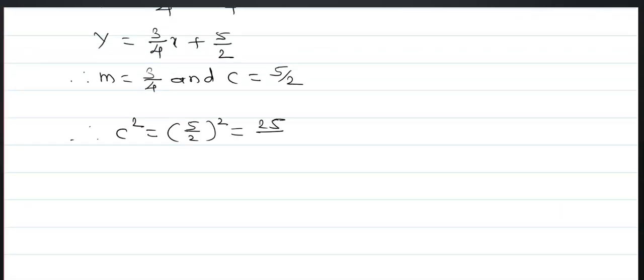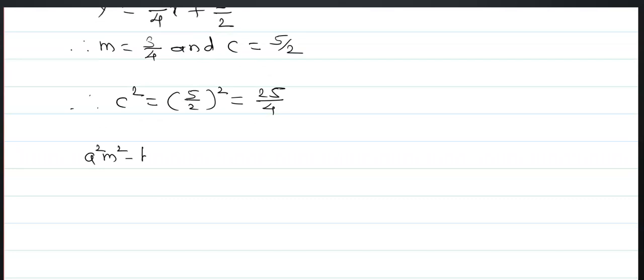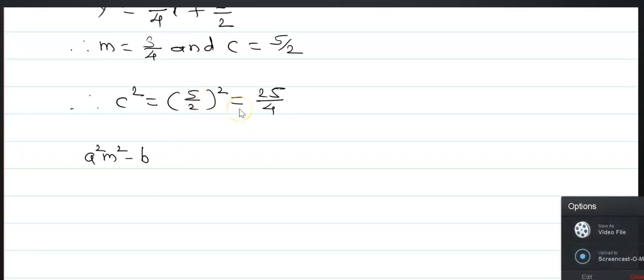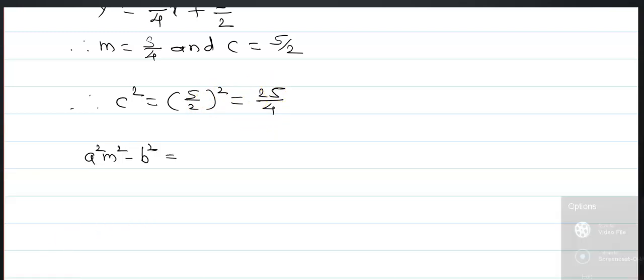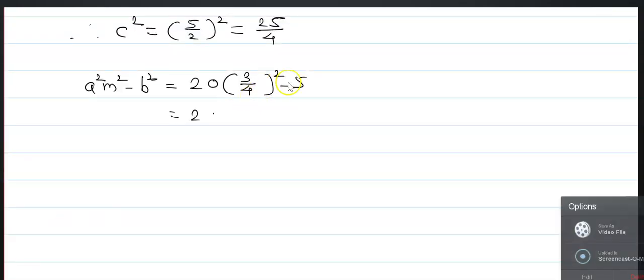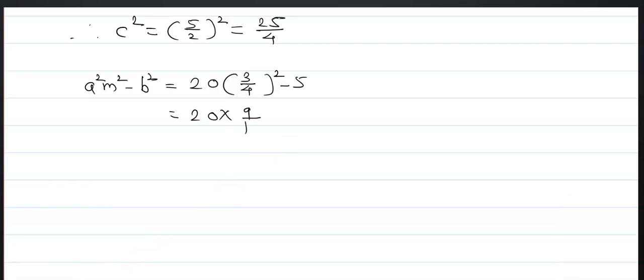c² is equal to (5 by 2) squared, that is 25 by 4, and a²m² minus b² is equal to 20 into (3 by 4) squared minus 5.